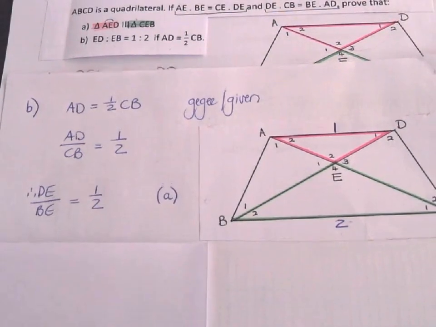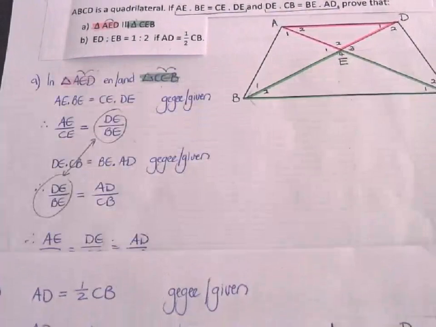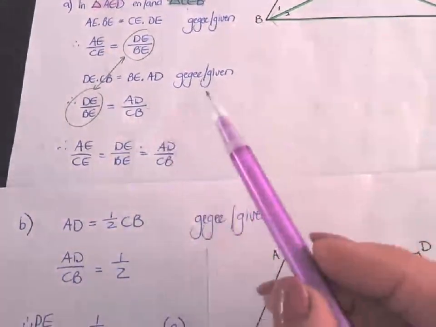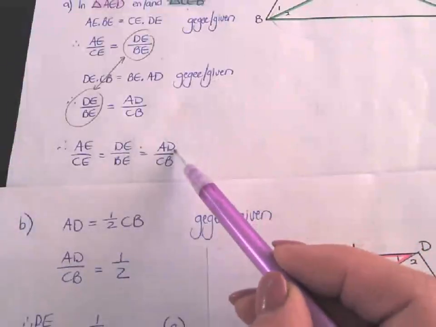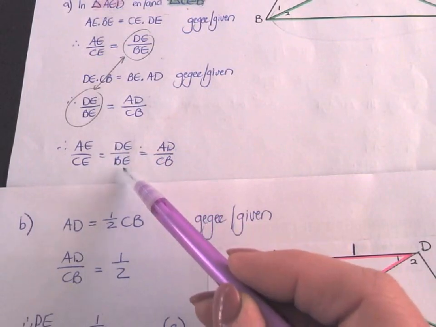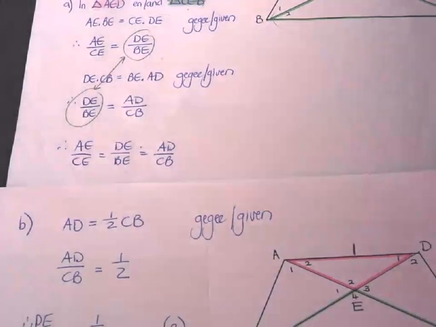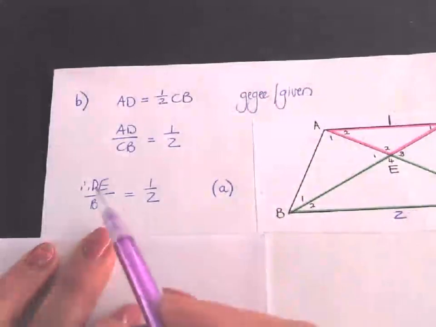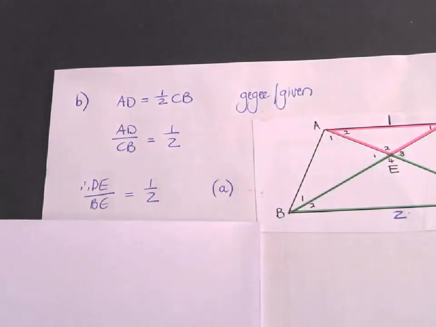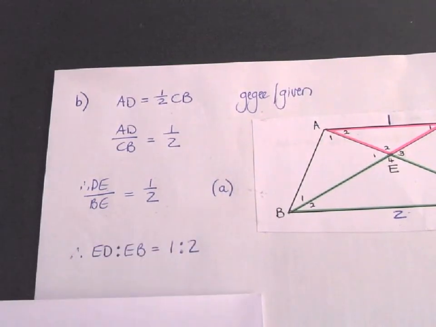But when you look back at your previous answer, you'll see that AD over CB is also equal to DE over BE. So that's where I get this from. So this proportion is also a half. But I don't want it in a proportion, I want it something to something. So you just write it like that.